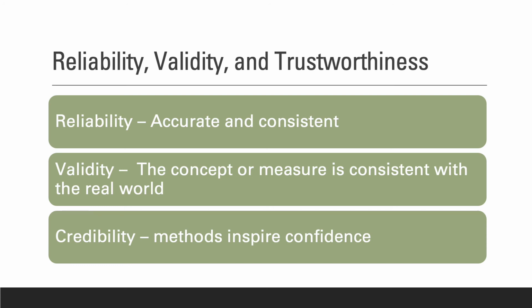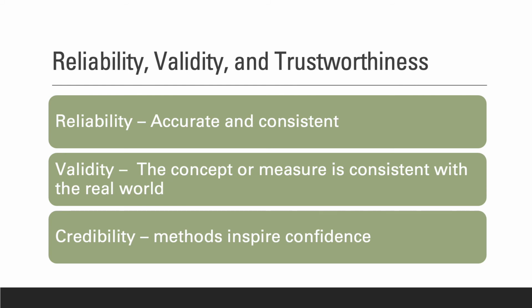If I'm measuring depression, it needs to accurately measure depression and not loneliness. Another aspect of this in a study is, did the independent variable really affect the dependent variable? Was the nursing intervention responsible for the outcome, or was it something else?